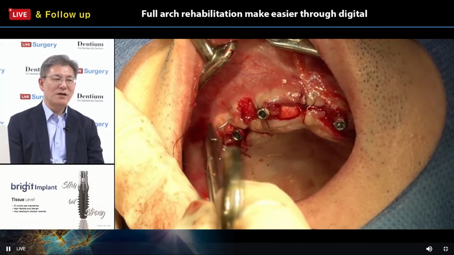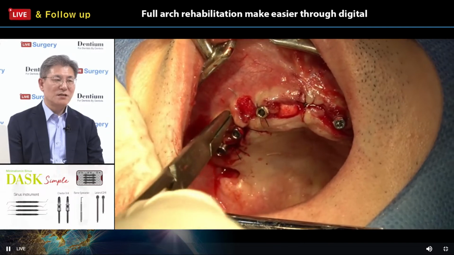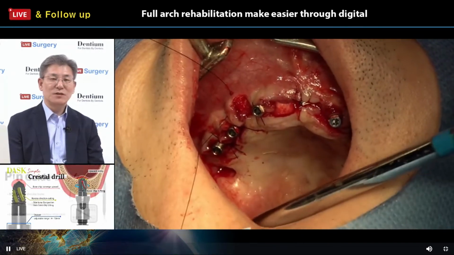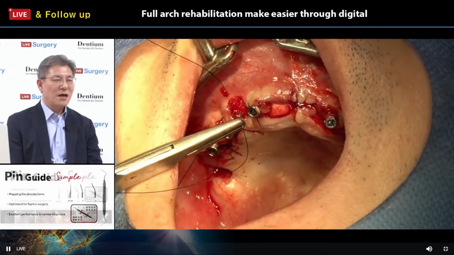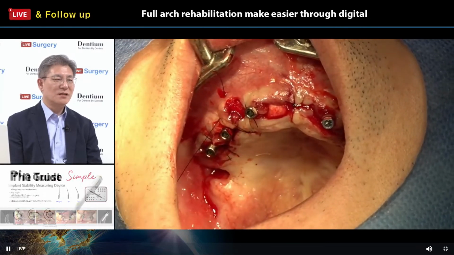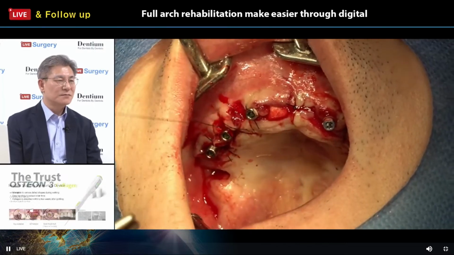We can get better soft tissue healing when we use PDRN. I expect that after all this surgery procedure, Dr. Chung will inject PDRN into this surgery site.